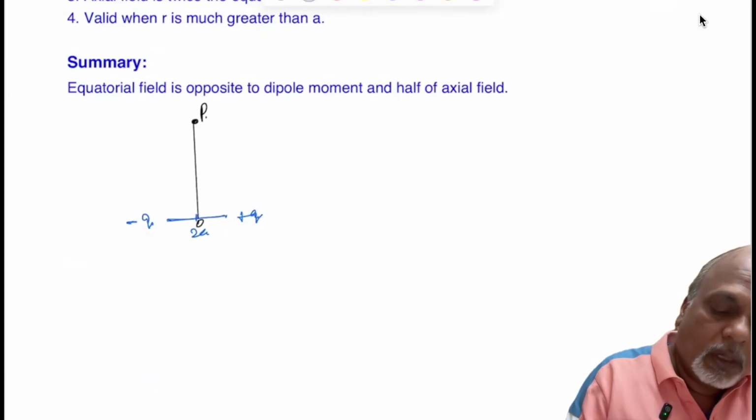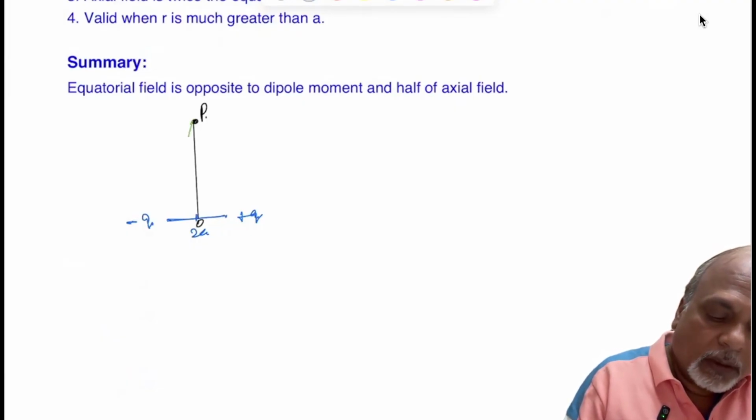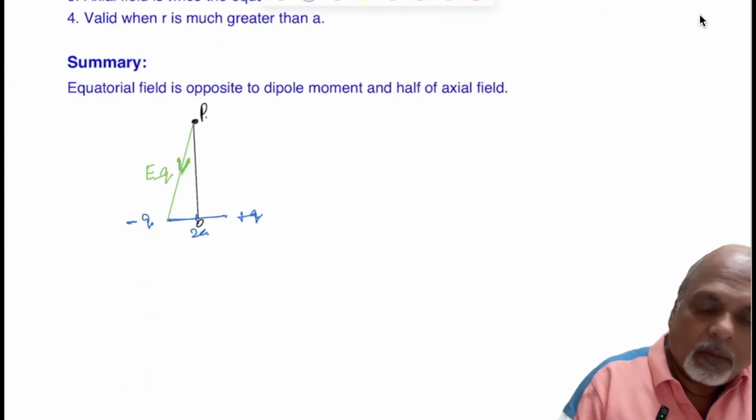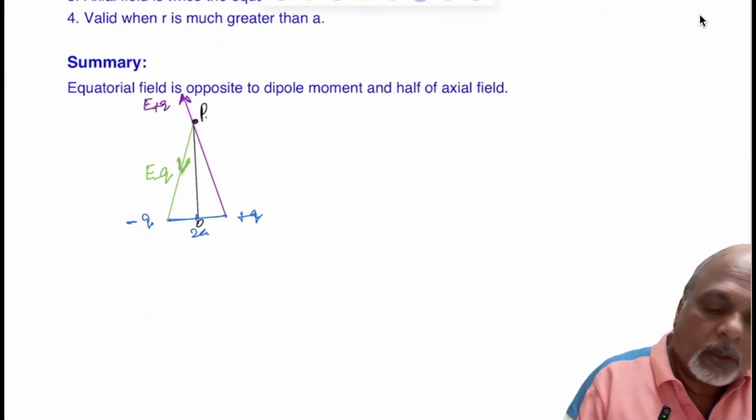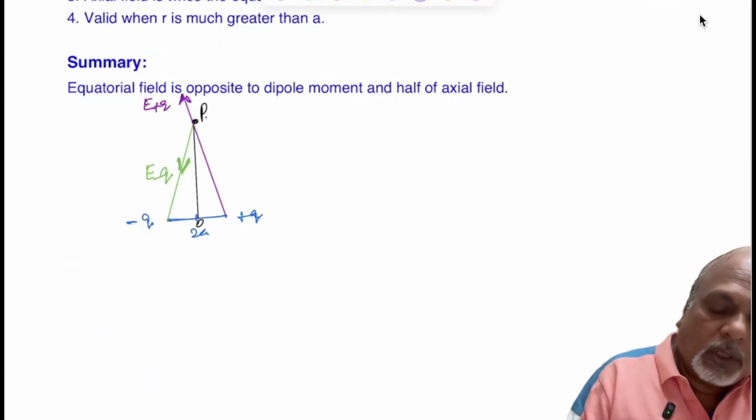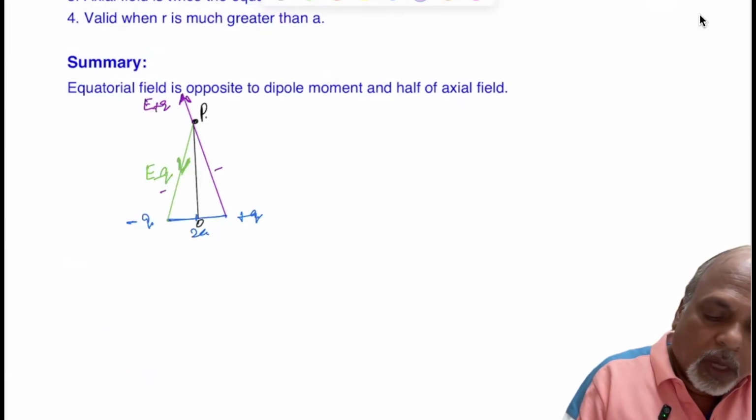So if you see, this is the minus charge. So electric field will be in this direction due to minus charge. This is your E minus Q, and due to the plus charge, this will be basically E plus Q. Both will be equal because these distances are equal. Suppose this is your r.